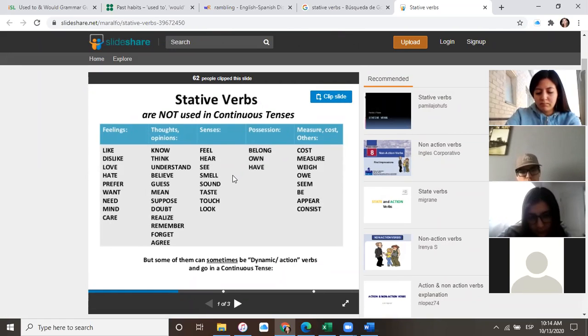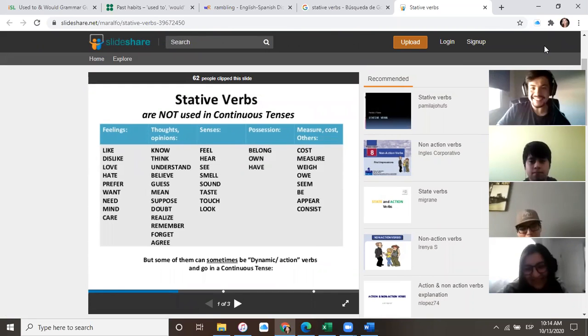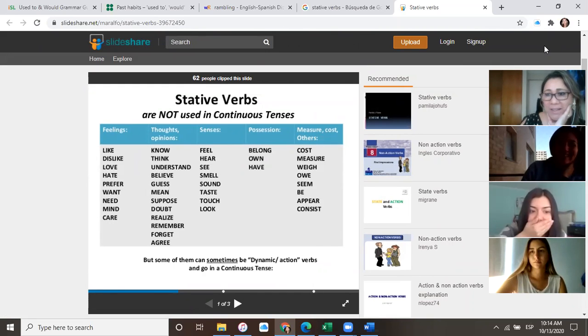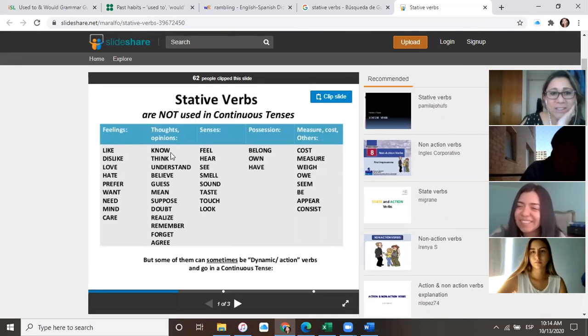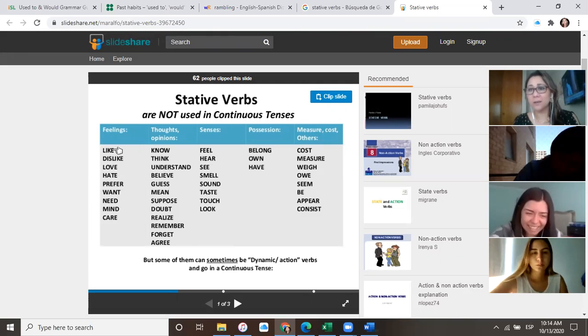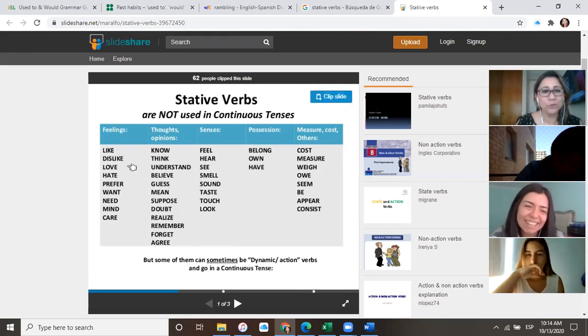Think, understand, like, dislike, love, hate, prefer, want, need, mind, care. Very good. You are paying attention to my class. So I was going to say someone to read the verbs for me, but you can do it.